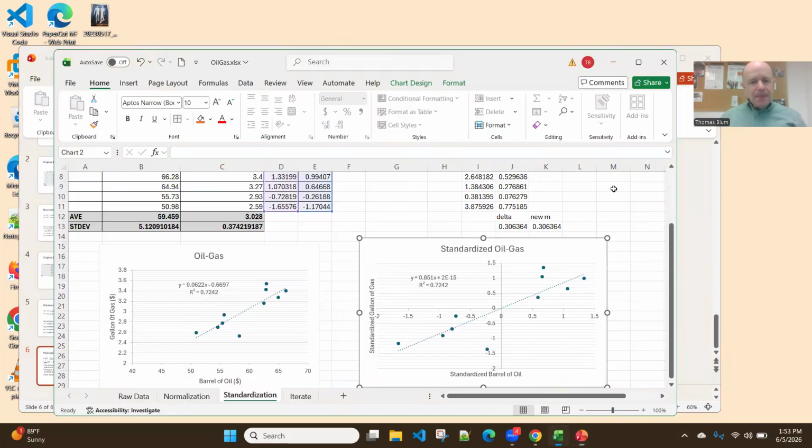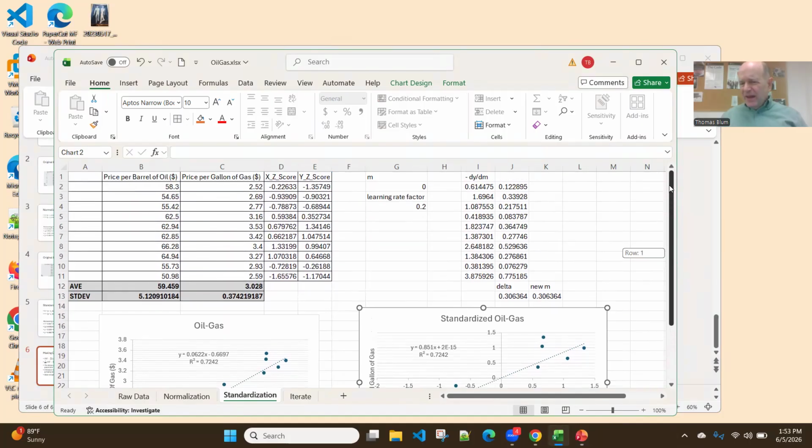So, okay. I'm going to stick with the standardized one because then that simplified it so that there was only the slope. So I have my standardized x and my standardized y's, and I started the slope at 0 in this case.